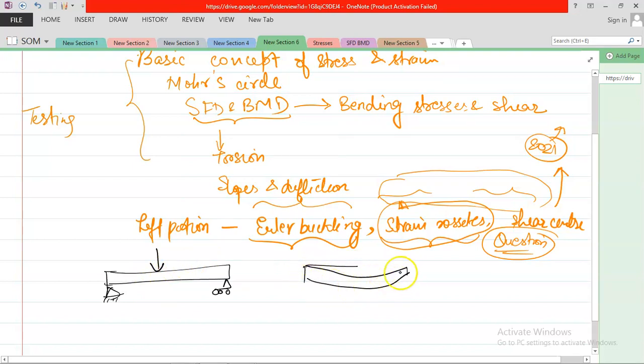So if we go with the internal structure, an internal resisting force comes in at any section. If I take a section like this, these two things come into the body: this is called the shear force and this is called the bending moment. This is the positive sense, meaning these directions are positive.